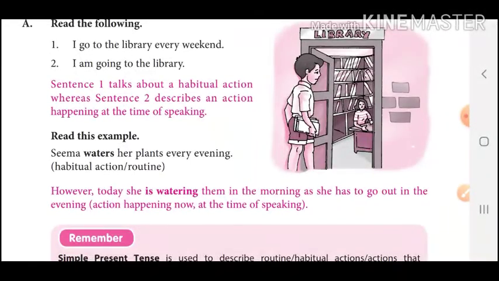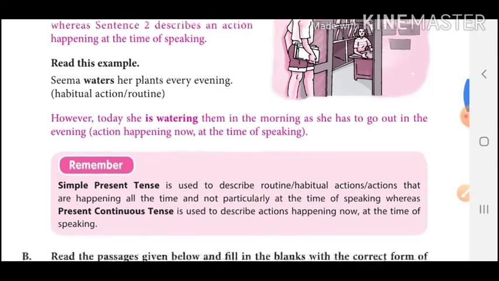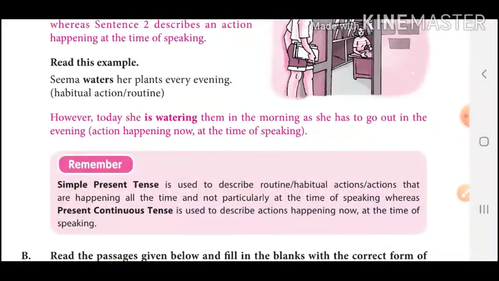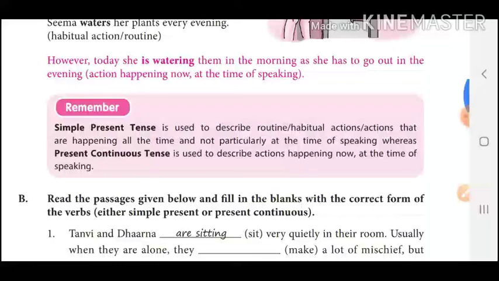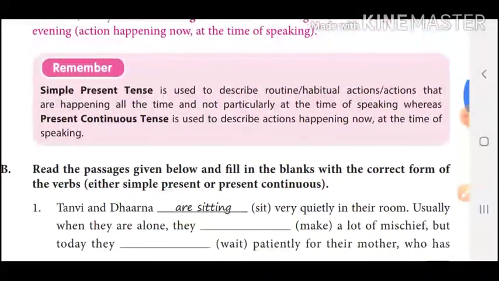Now read this example. Seema waters her plants every evening. This shows the habitual action and routine also. However, today she is watering them in the morning as she has to go out in the evening. Here, the action is happening now at the time of speaking. Now try to understand the use of simple present tense and present continuous tense.